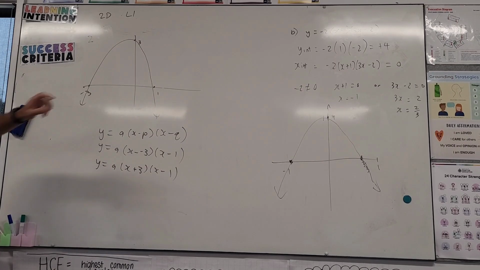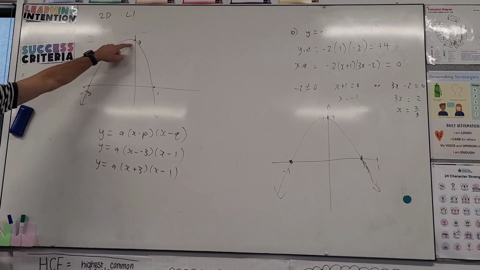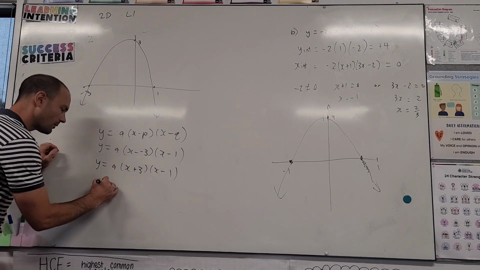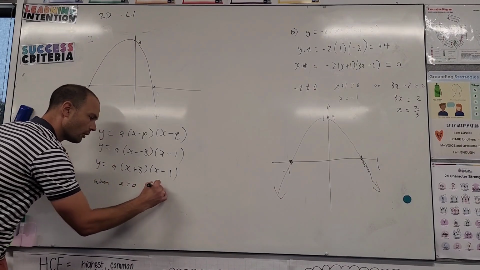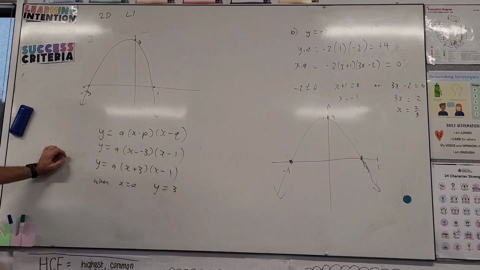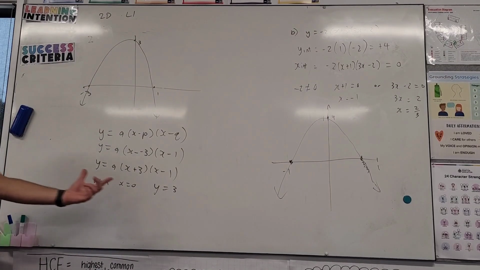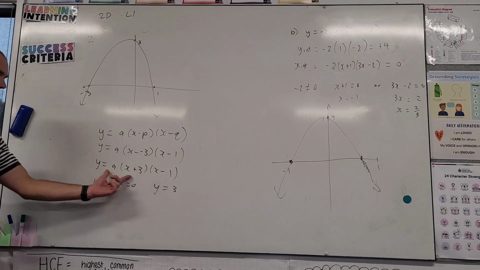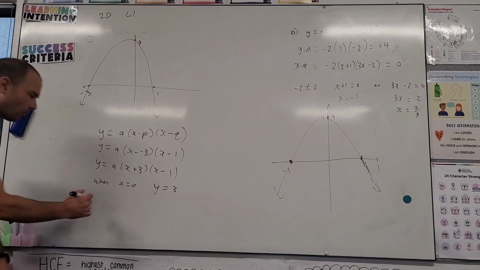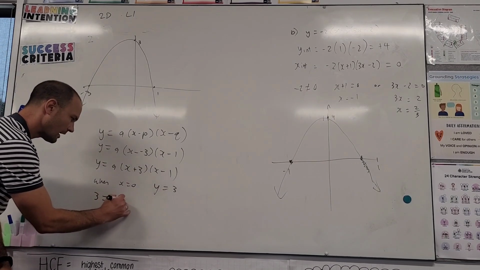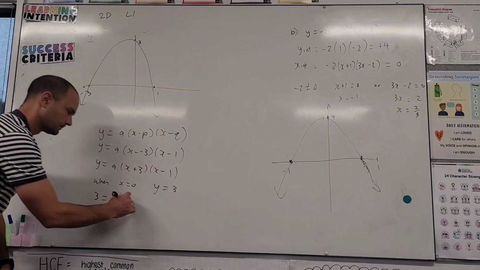So the y-intercept occurs when x is 0. What we know is when x is 0, the y value is 3. We're going to plug that into this equation. I'm going to put 3 where the y is and 0 where the x is.